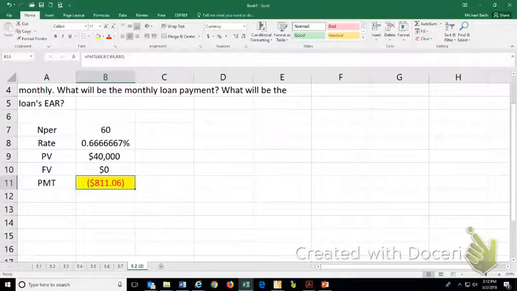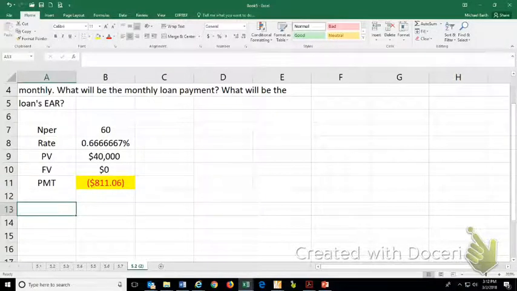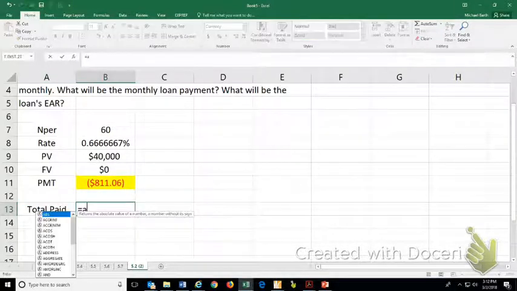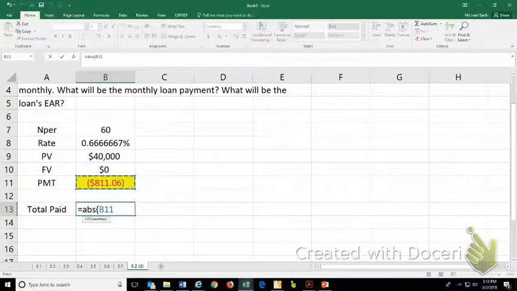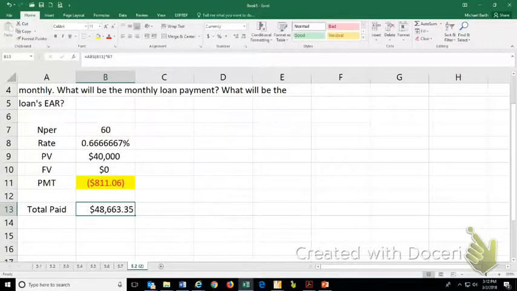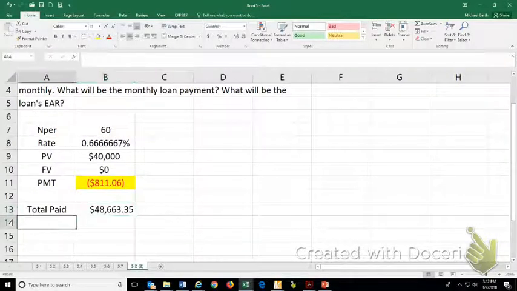Alright, so if we were to look at the total amount that you paid, total paid would be the absolute value of $811.06 times 60. I'm just turning it into a positive number. You're going to give them $48,663, assuming you pay the loan as agreed.